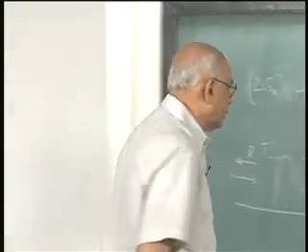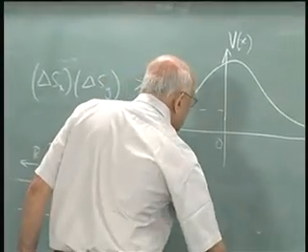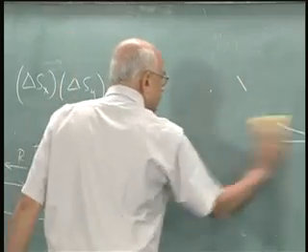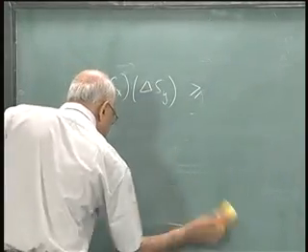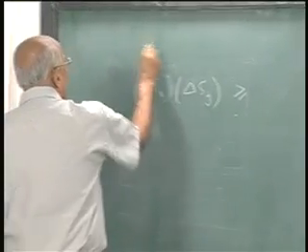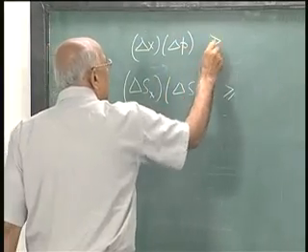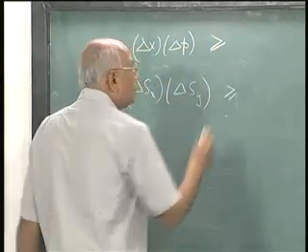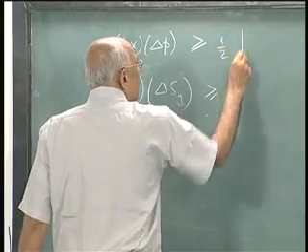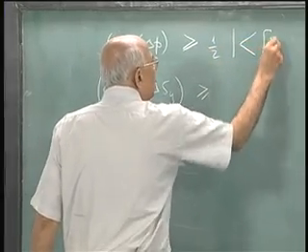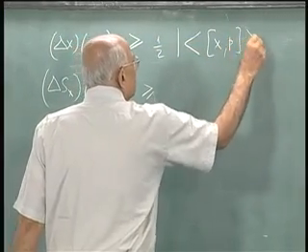So that's a good point that is raised. In the normal course of events, if you took a Cartesian coordinate, delta x delta p is certainly greater than or equal to 1/2 the modulus of the expectation value of the commutator of x with p.